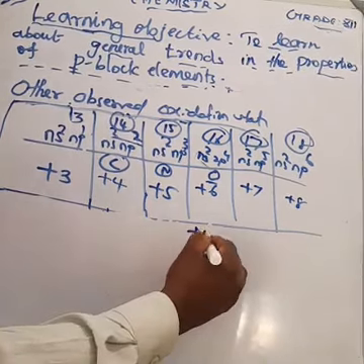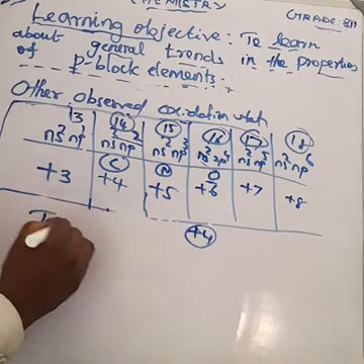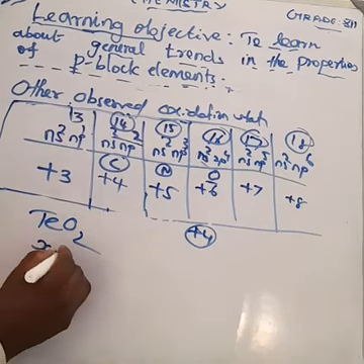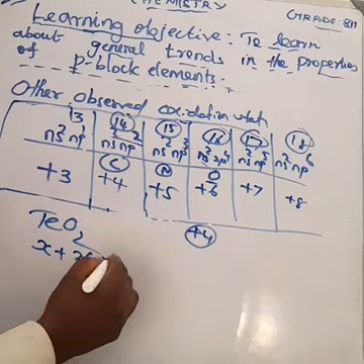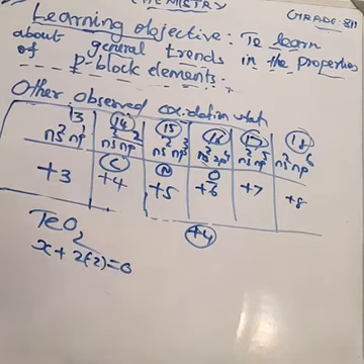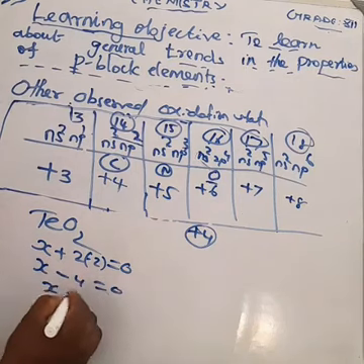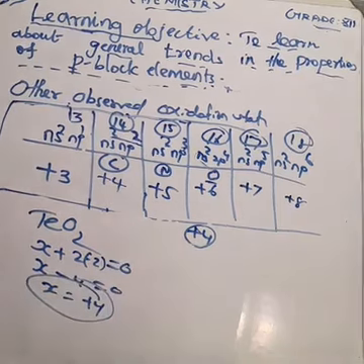What is about the plus 4? Can be taken as tellurium dioxide, that is TeO2. Te taken as X, and oxygen we know that is minus 2. How much oxygen is there? 2 oxygen. So 2 into minus 2 equal to 0. X minus 4 equal to 0. X is equal to plus 4 oxidation state.